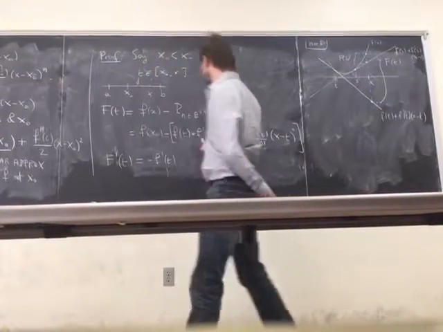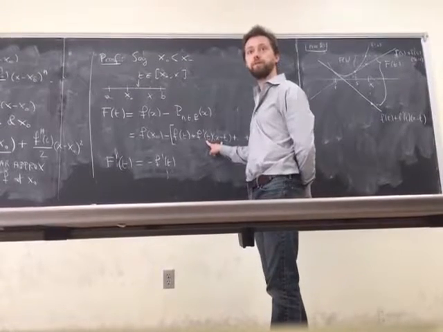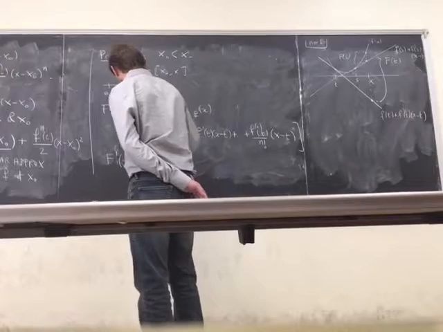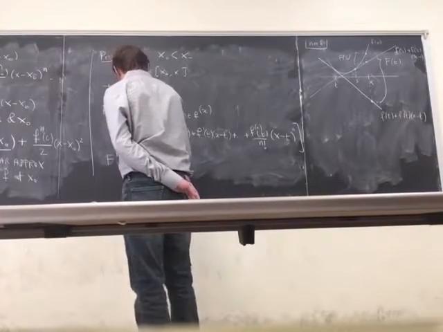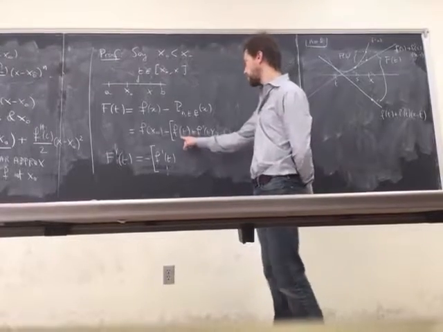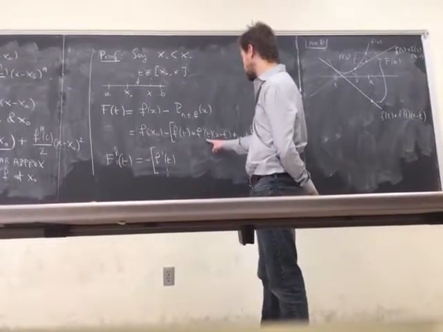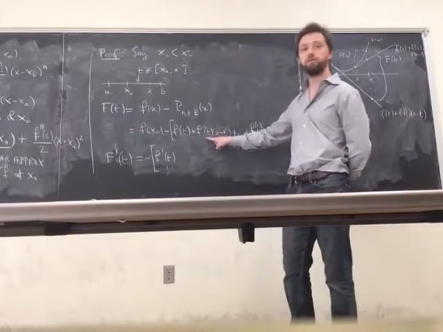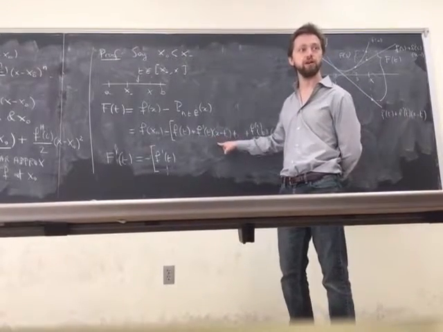Then I have to differentiate this guy. Let me put the minus in front of this square bracket, and then I got f prime of t. Then I differentiate this guy, which is the derivative of a product.